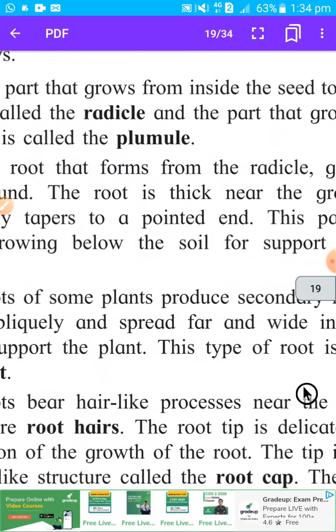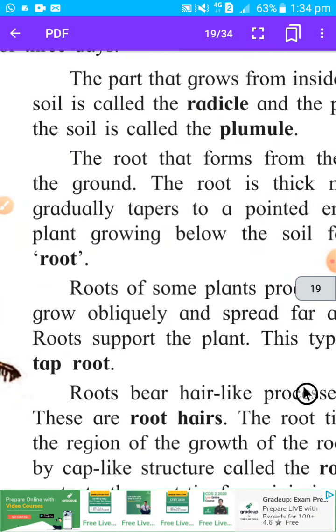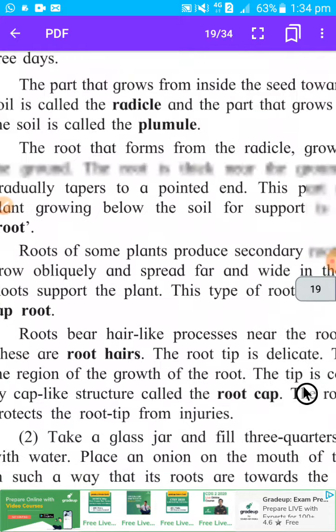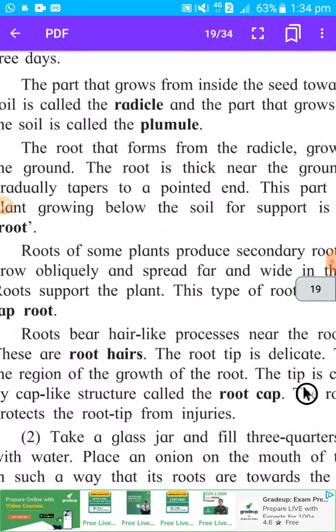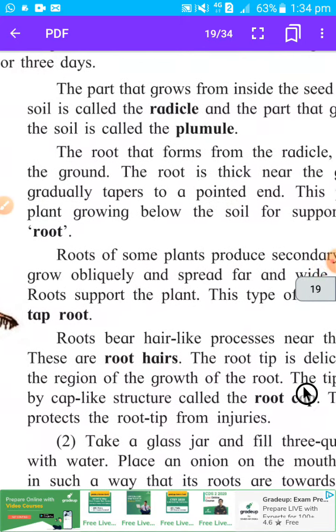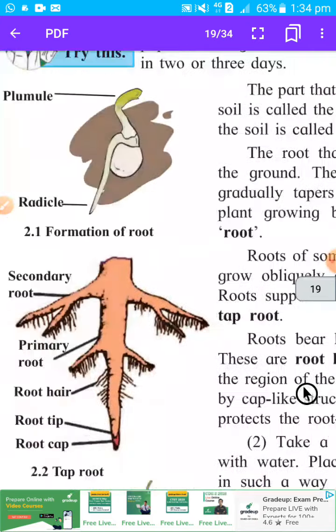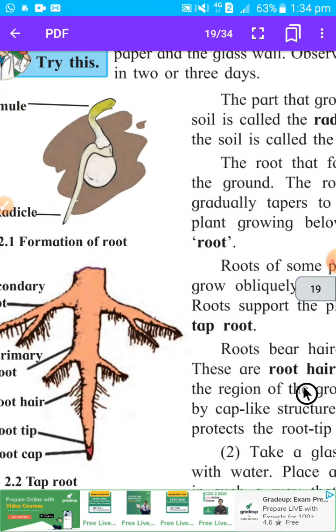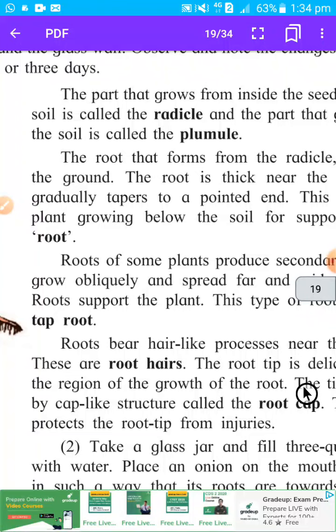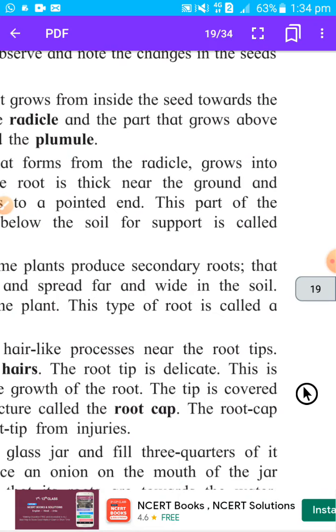The root is thick near the ground and then gradually tapers at the pointed end. As you know, it will be thick at the ground, but afterward it will taper, meaning become small, toward the other end, to a pointed end.